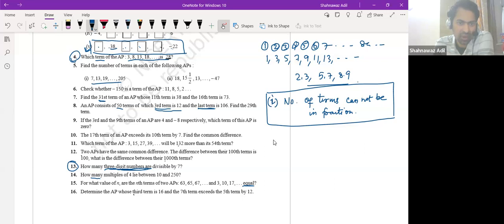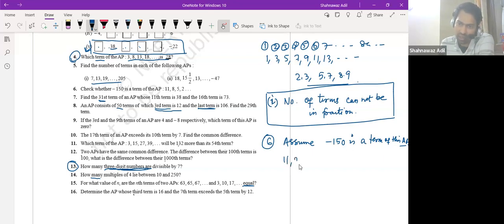Similarly, in this question, let's assume minus 150 is a term of this AP. Let's say this is the AP, 185, dash, dash, dash, and let's say minus 150.